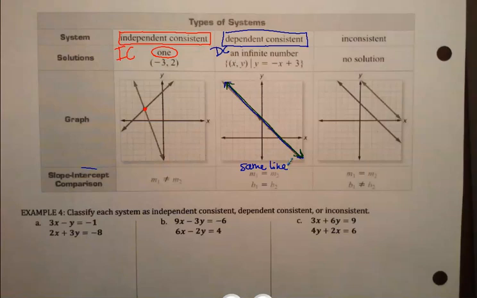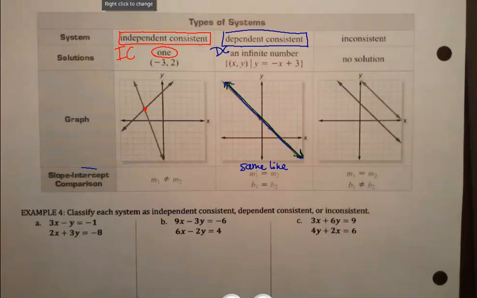And you're like, well, we would notice that right away. That's not necessarily true, because sometimes you're given an equation in slope-intercept form and then you're given an equation in standard form. If you put them both in slope-intercept form, then you'll see that it's the same line. But it's not always something you notice right away.